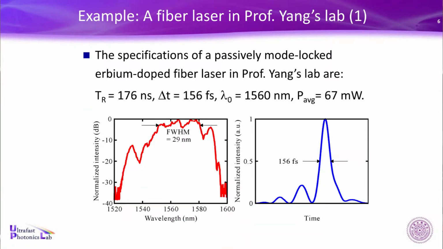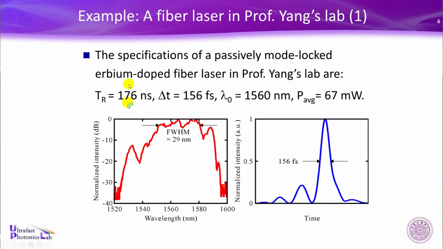Next, I will show you one example such that those formulas would be more impressive for you. A fiber laser in my lab. Some students in my research lab made a passively mode-locked erbium-doped fiber laser several years before, and they measured the following parameters.